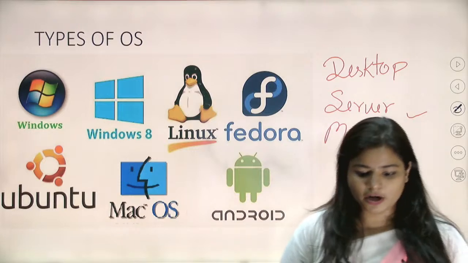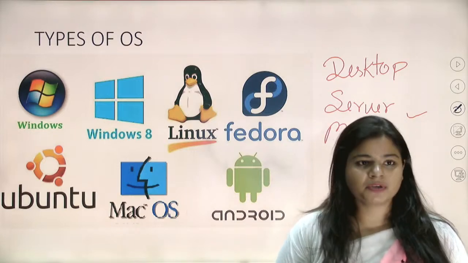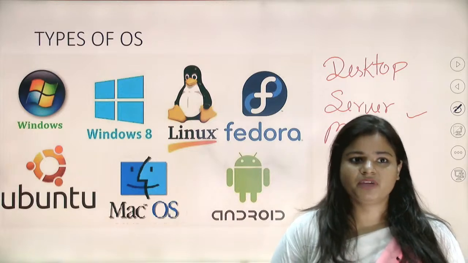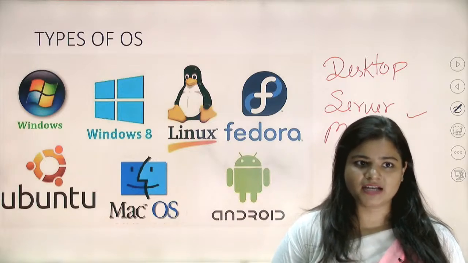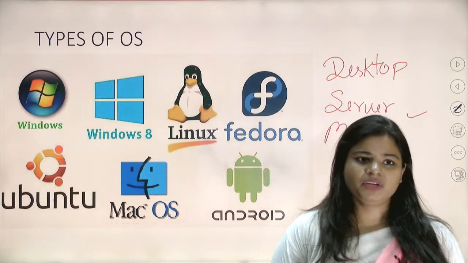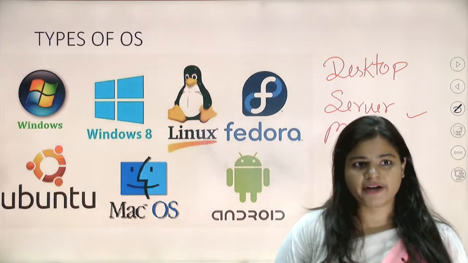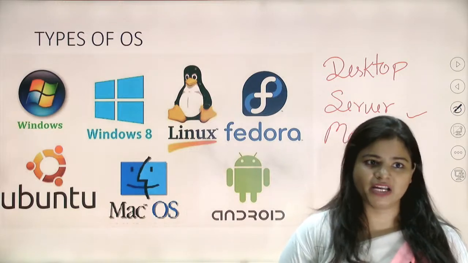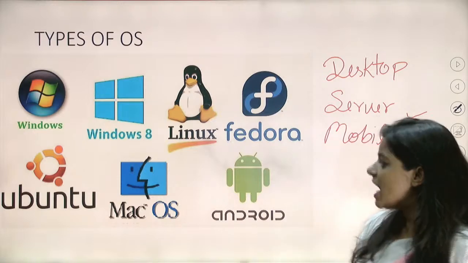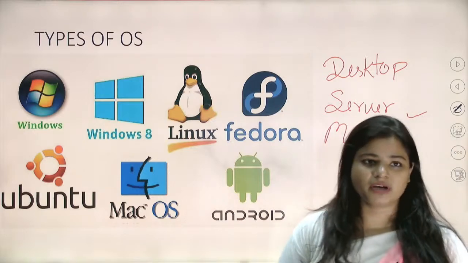Again, third, the mobile class. We have good examples in mobile class: Android, iOS and Windows iPhone. We are already familiar with these operating systems on our mobile phone, but here we have all classes and we have to learn about them in depth.